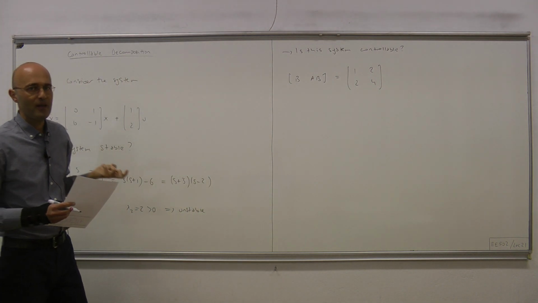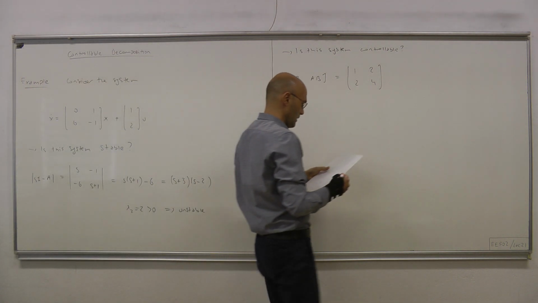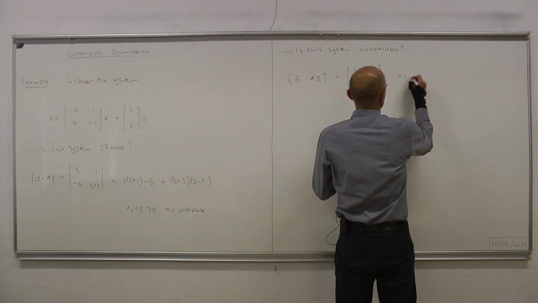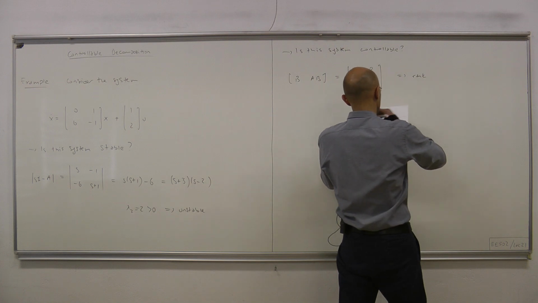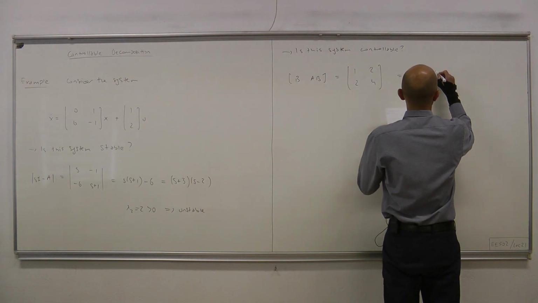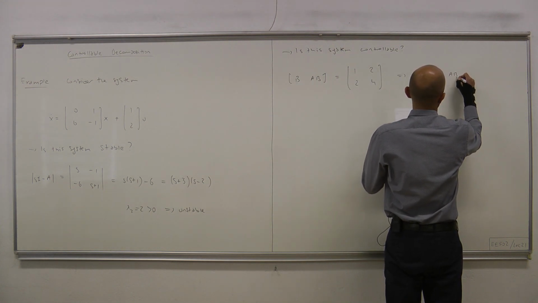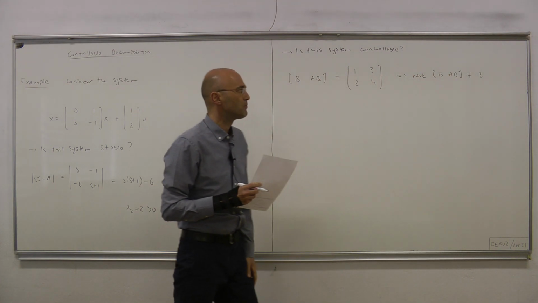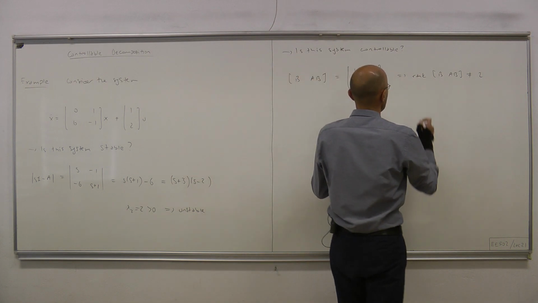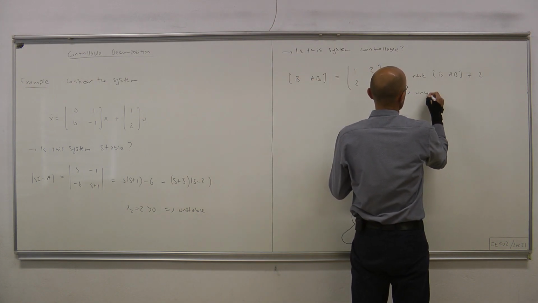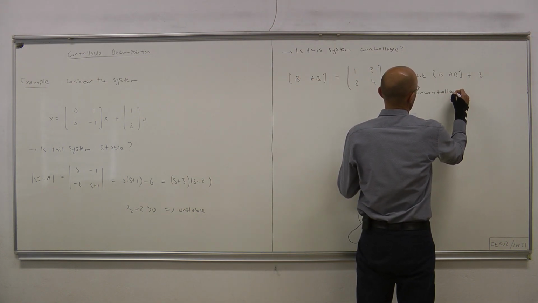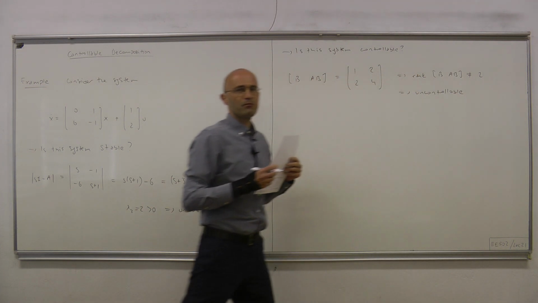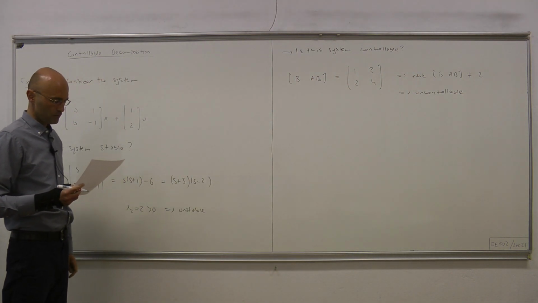Hence, the system is not controllable. So the rank of the controllability matrix does not equal the order of the system, 2. Therefore, this system is not only unstable, but also turned out to be uncontrollable.